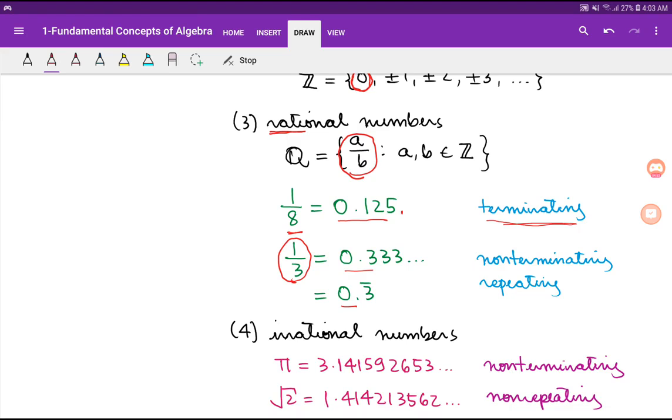So usually, instead of writing infinitely many decimal places, we make it short by writing 0.3 with a bar on the 3. A bar on the 3 means that only the number 3 is repeating. Alright.